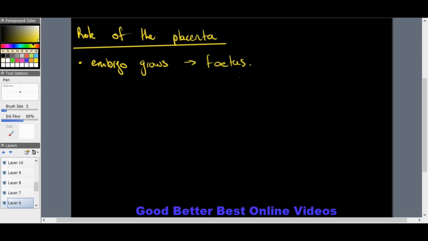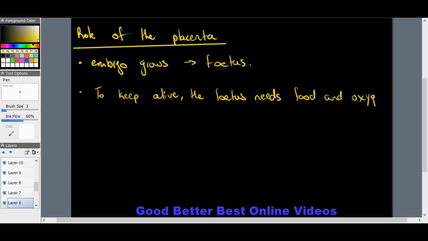To keep alive, and this is quite intuitive, the fetus needs food and oxygen, because now it's going to start breathing.